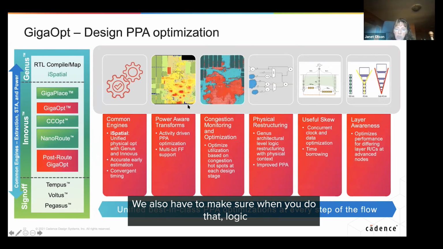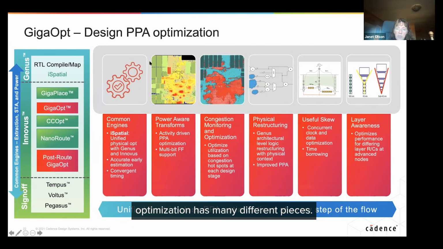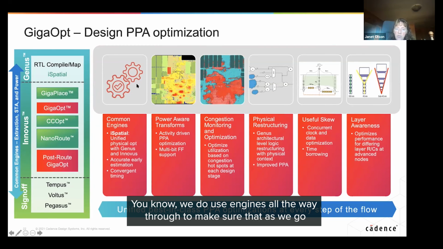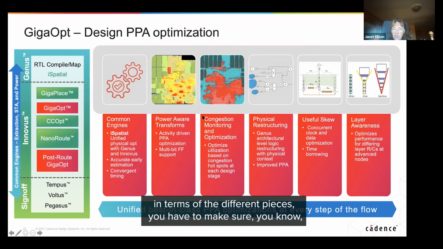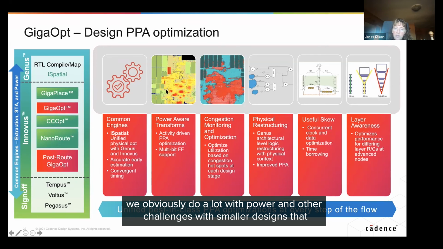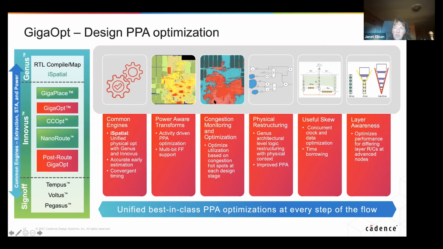Once you do that, we also have to make sure the logic optimization has many different phases. We use engines all the way through, so that as we go through different stages, you can optimize this. We obviously do a lot with power. Another challenge with smaller designs is that you'll have wires crossing.